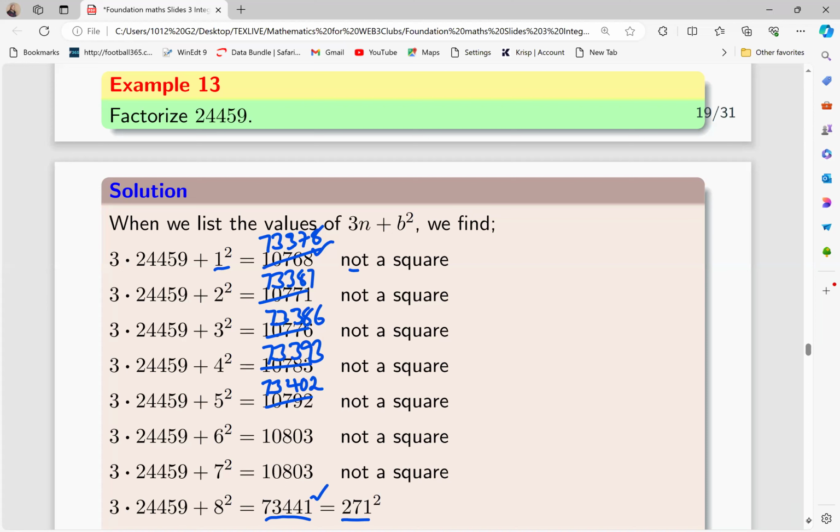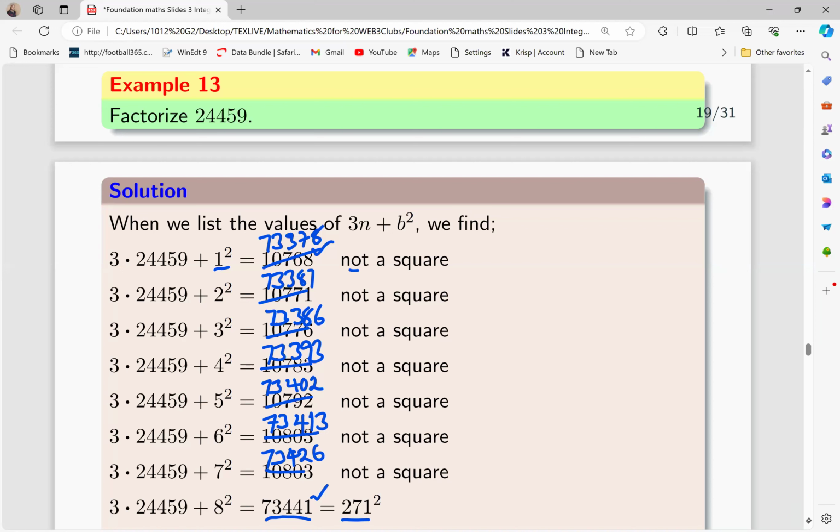And then 6, this would be 73,413, which is again not perfect. And then what about 7? This would be 73,426, which is not perfect.